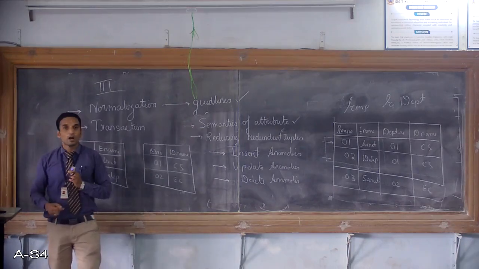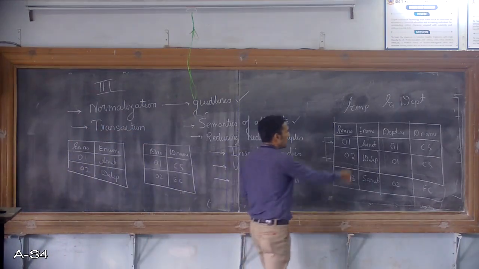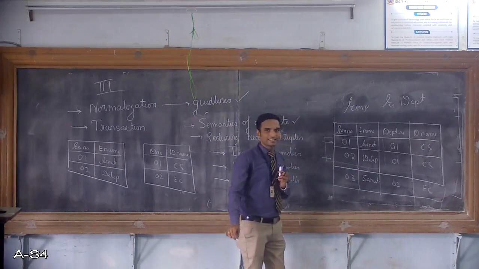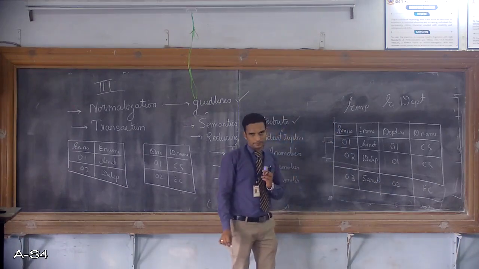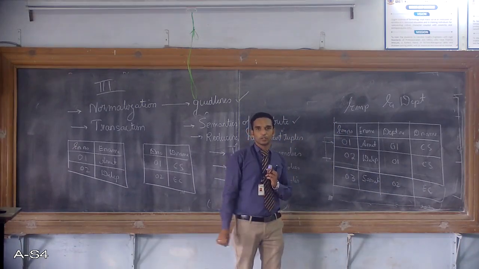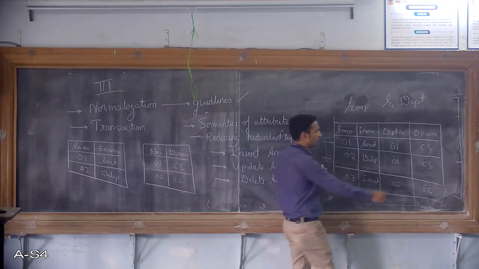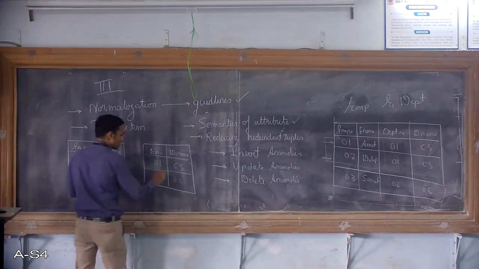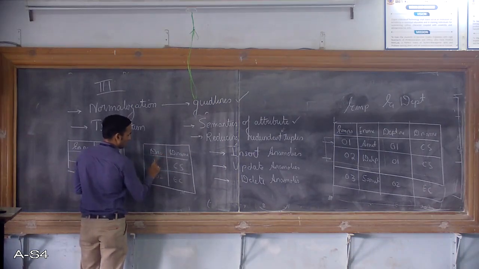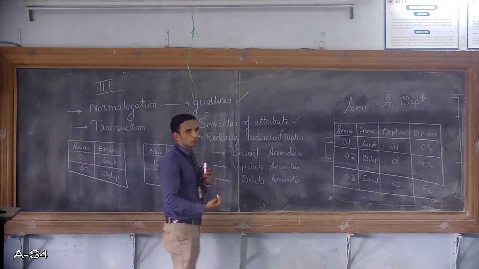Next we have update anomaly. Now what I mean by update anomaly, look at this table here. As I said, there are 50 employees working for department 1. It may so happen that down the lane department number 1 will change its naming convention to department number D1. Initially they were assigned the numbers 1, 2, 3, 4.